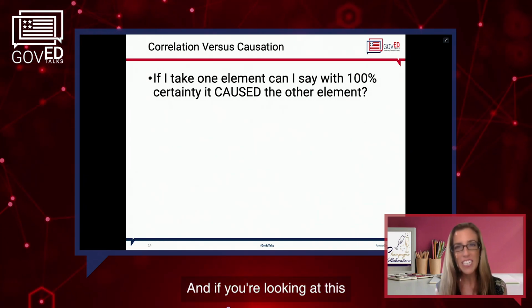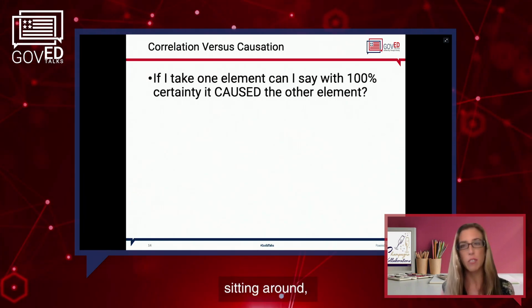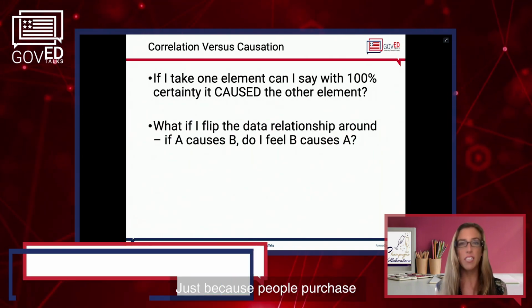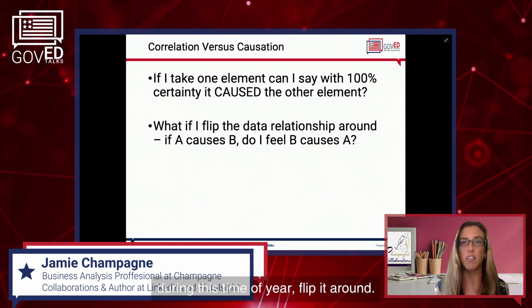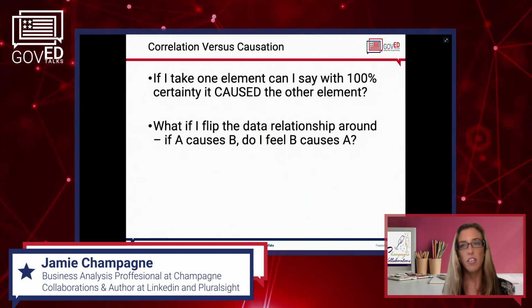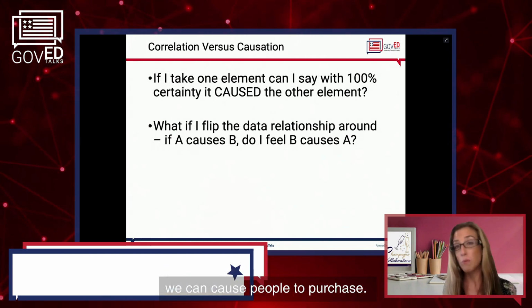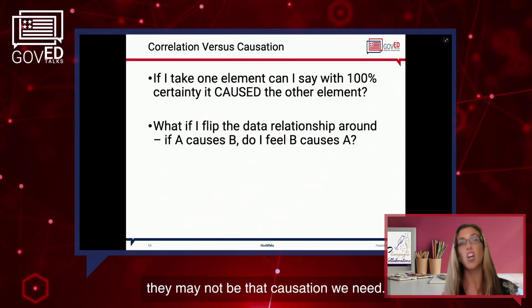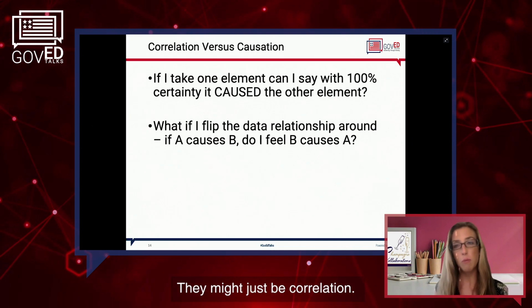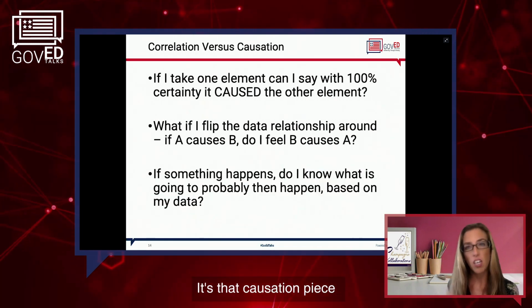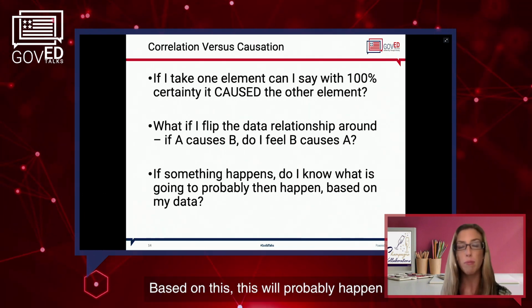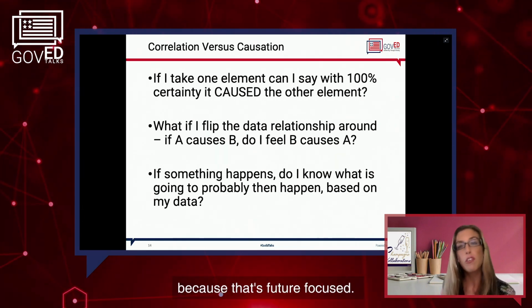If you're looking at this data yourself or with teams sitting around, always ask the question and flip it. Just because people purchase during this time of year, flip it around: during this time of year, we can cause people to purchase. If they can't be flipped, they may not be that causation we need. They might just be correlation. It's that causation piece that helps us determine, based on this, this will probably happen, because that's future focused.